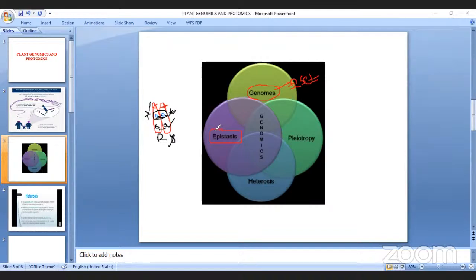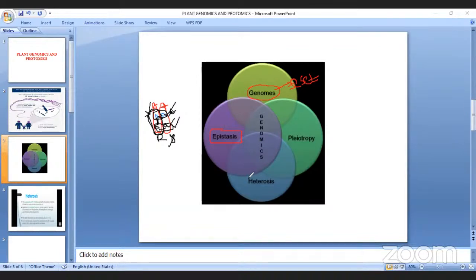Epistasis means interaction between non-allelic genes. Generally, a character is expressed between the allelic genes. These two blue are allelic and these two black are also allelic. But in genomics, we study non-allelics, that means blue and black genes. So this non-allelic gene interaction is also studied in epistasis.